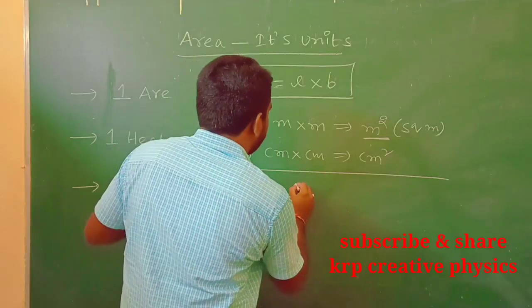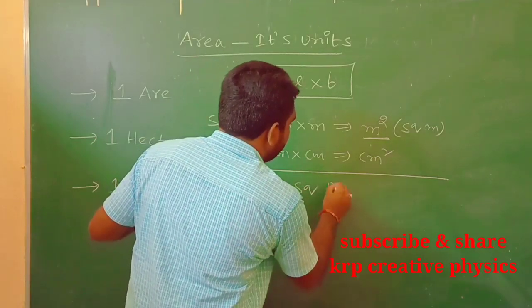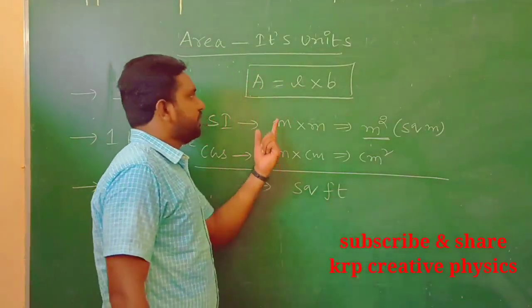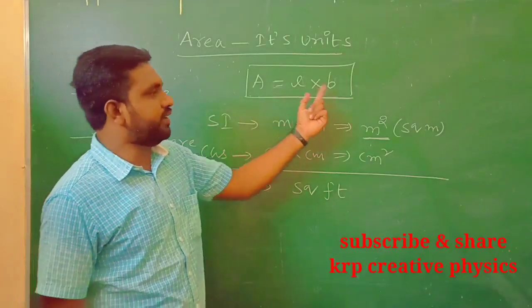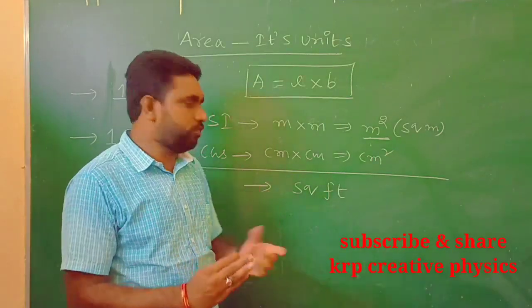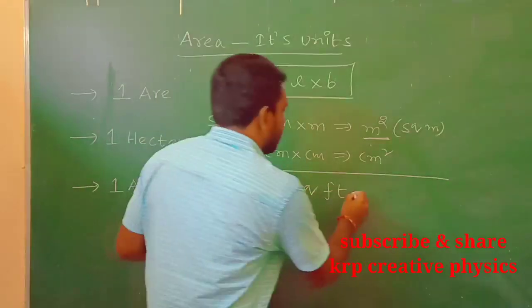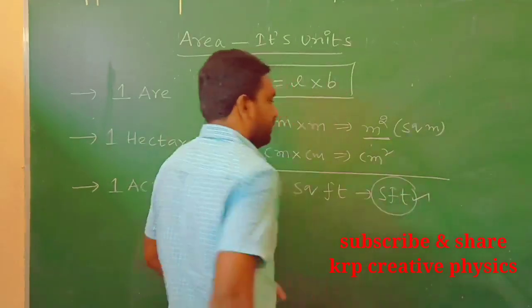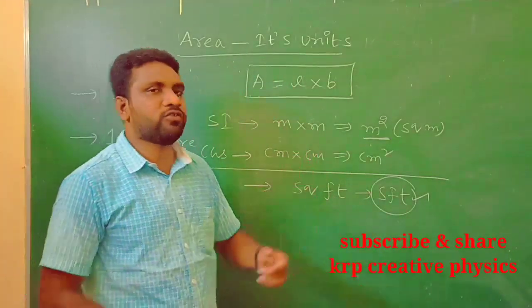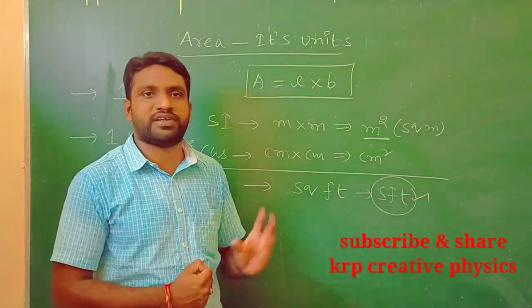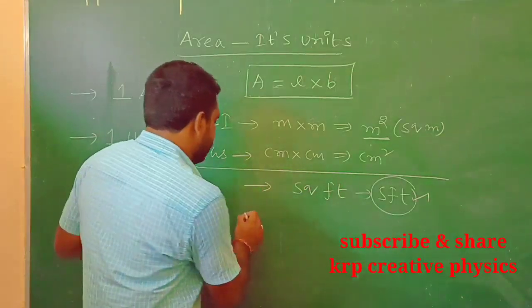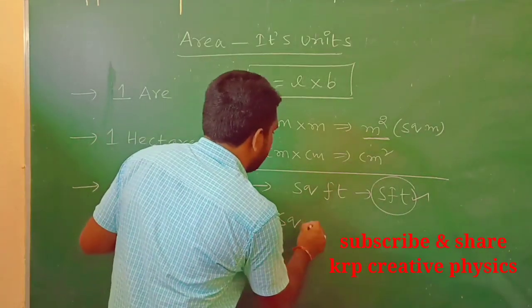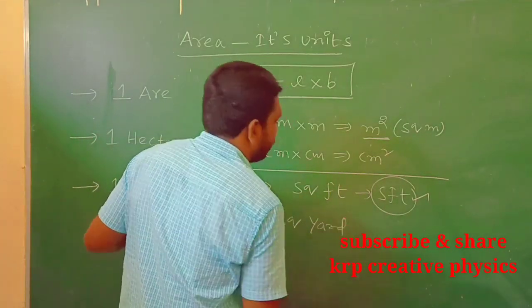The first one is square feet. In that one, length is measured in feet and breadth is also measured in feet. Feet into feet gives square feet, also known as SFT. This is a very common term. You will hear this term when you are going to purchase land, from real estate persons. SFT, square feet. And with that we will also sometimes hear square yards.